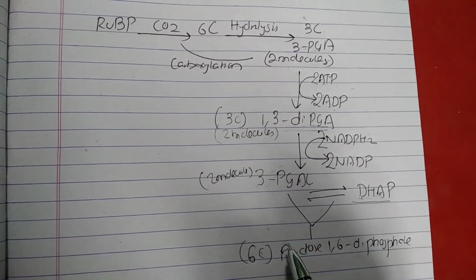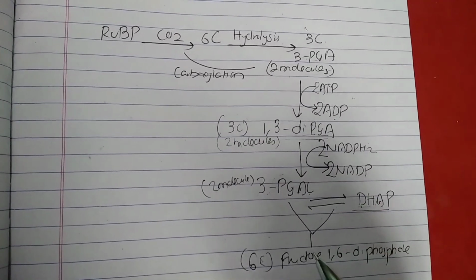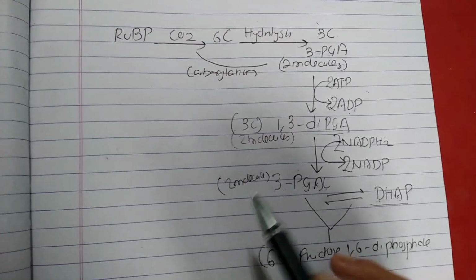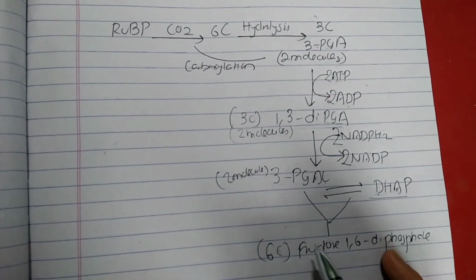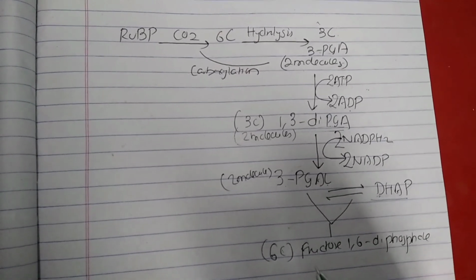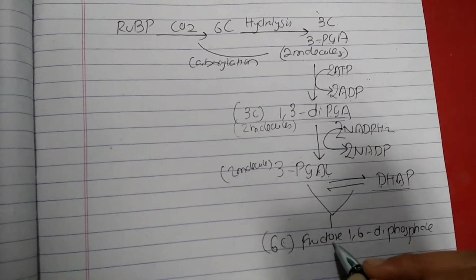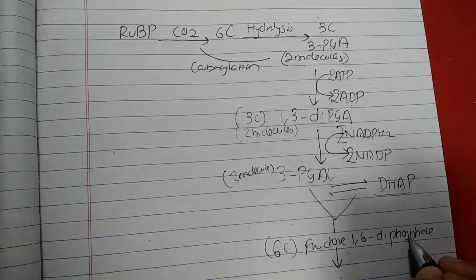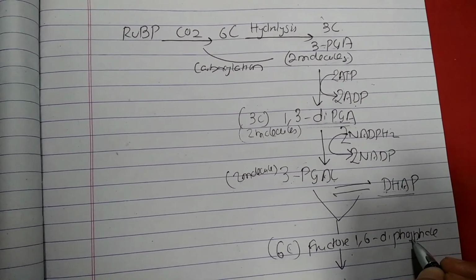Now this formed compound, fructose 1,6-diphosphate, is very near to glucose. If you remember, the whole process of the Calvin cycle was to generate glucose, and fructose is also a 6 carbon compound, so is glucose. So now we have to do just a few steps to release glucose. Here it is diphosphate, but we don't need a diphosphate, we need a phosphate.